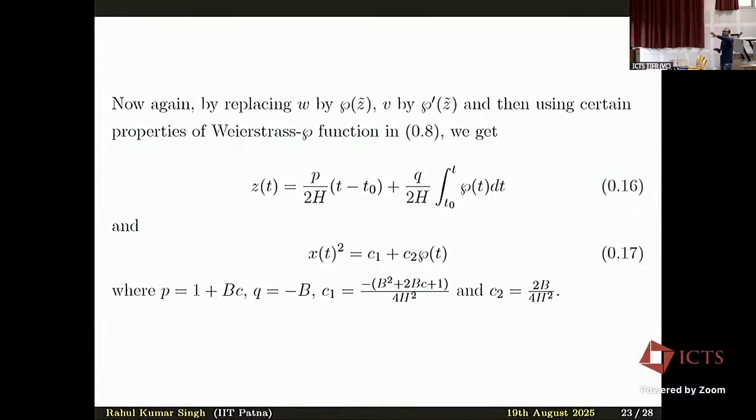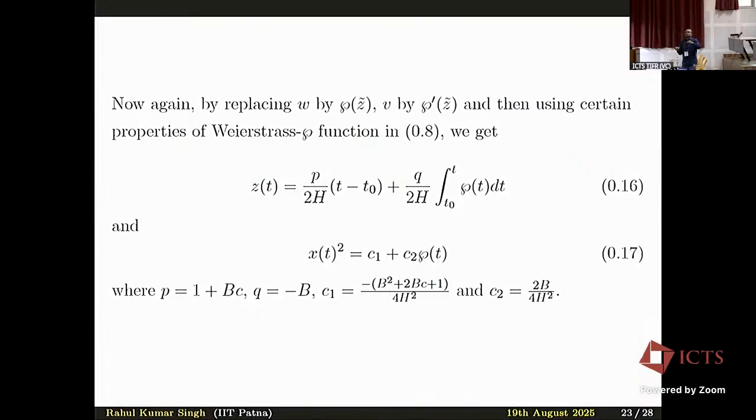Once we replace these, of course, this is now a Weierstrass P function, which is complex valued. But again, by using some properties of the Weierstrass P function: if it takes real values, it can only take real values along either the x-axis or the purely imaginary axis. There are no other points.